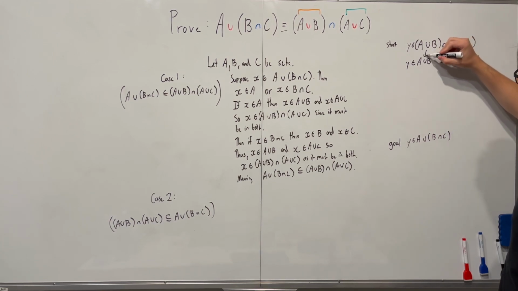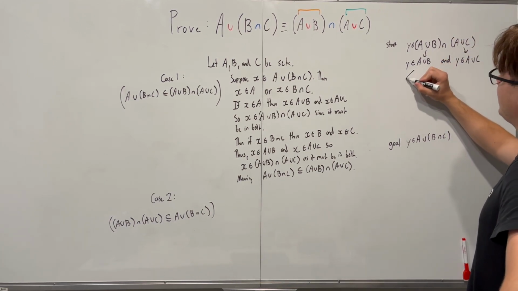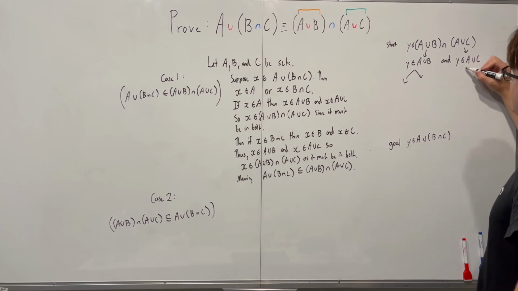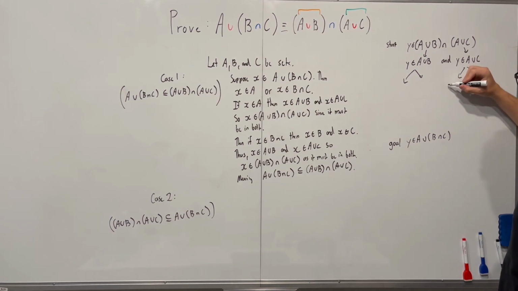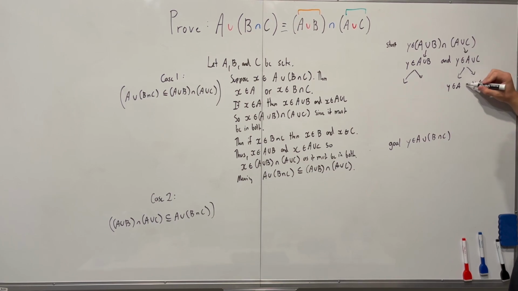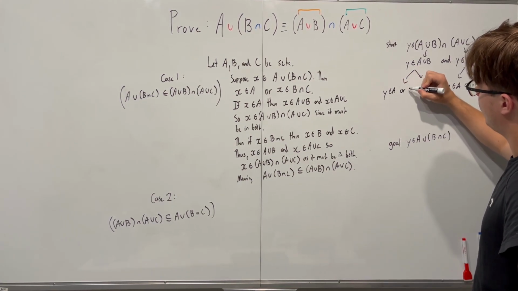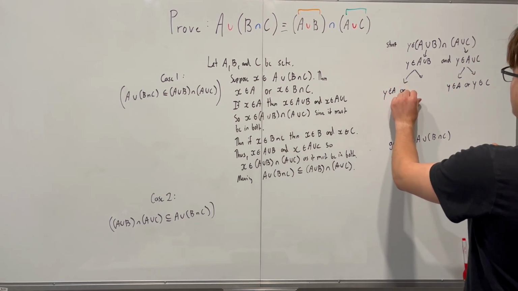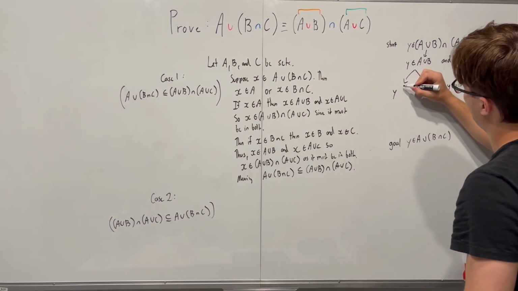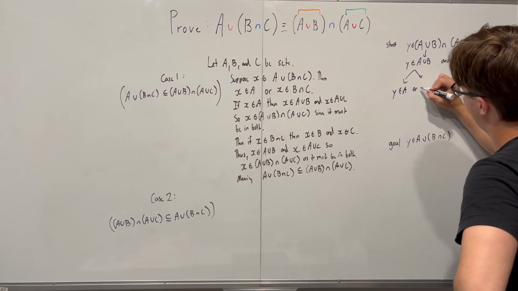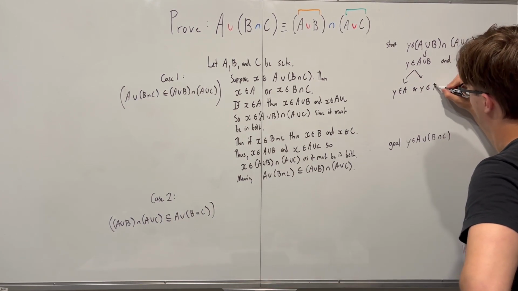We've broken those apart. And then these each break up into saying y must be an element of A, or y must be an element of C. Similarly here, y must be an element of A, or, I didn't write that very symmetrically, y must be an element of A, or y must be an element of B.